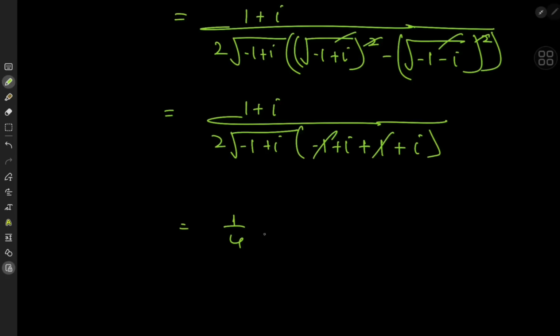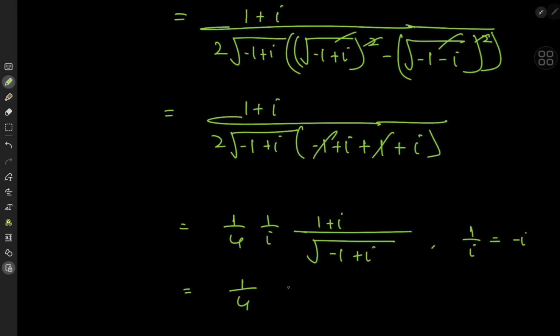And the reciprocal of i times 1 plus i divided by root negative 1 plus i. Now, 1 by i equals negative i, which is just very cool. Every time I reference that, I find it extremely cool.